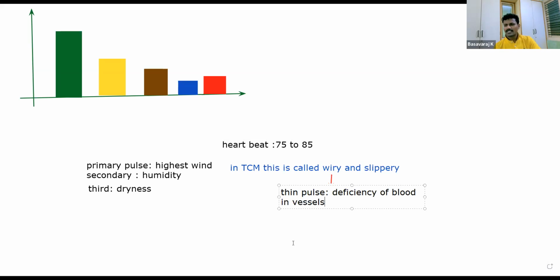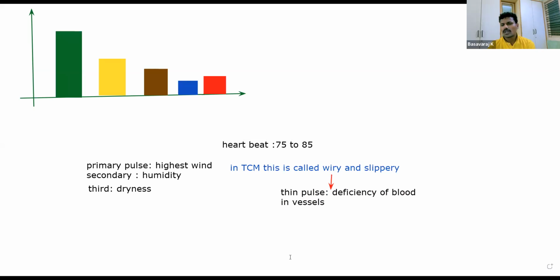Their blood is not completely grown and the immunity is not strong enough. That's why they often suffer with cold, cough and fevers. Why is the immunity low in kids? Because blood is less. Why is blood less?